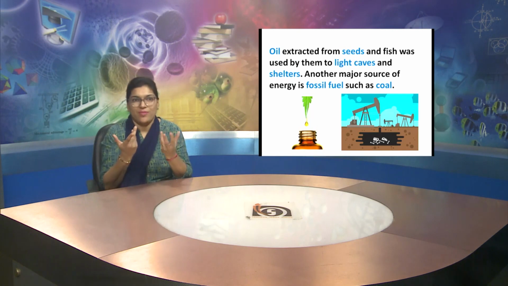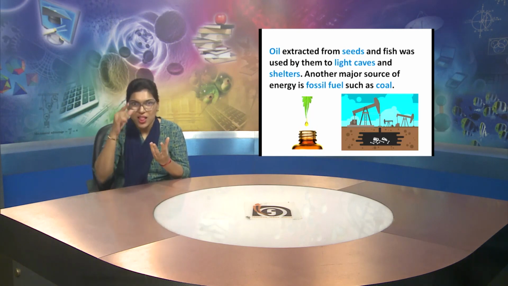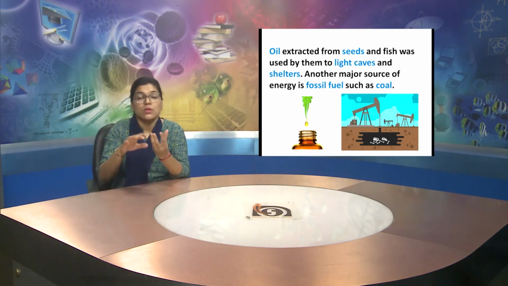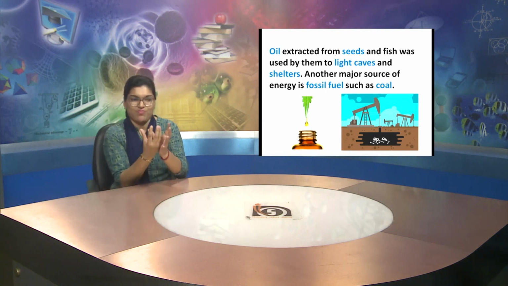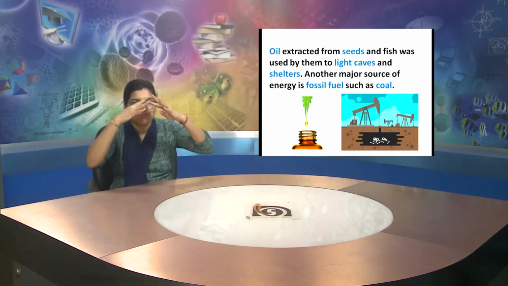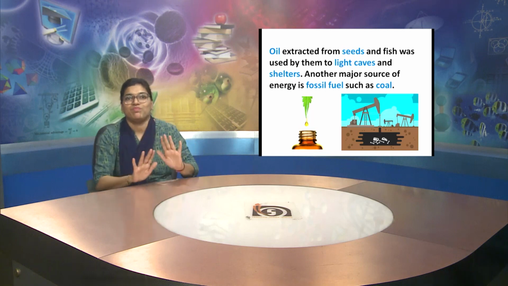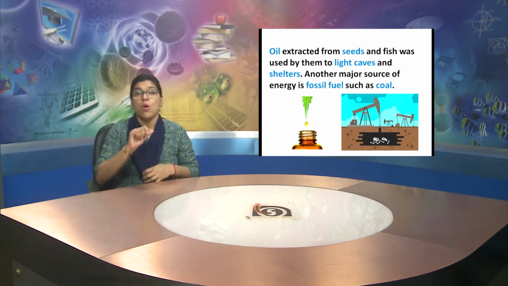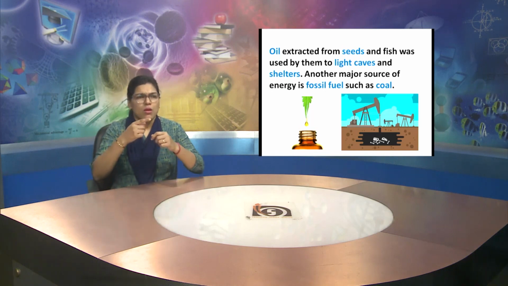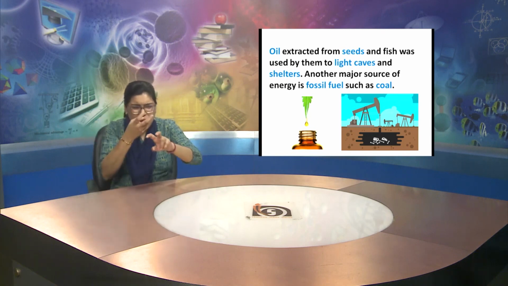As the caves were dark, they used to put oil, and with the stone they used to light it and have energy in their room so that they could do their work in the presence of light.